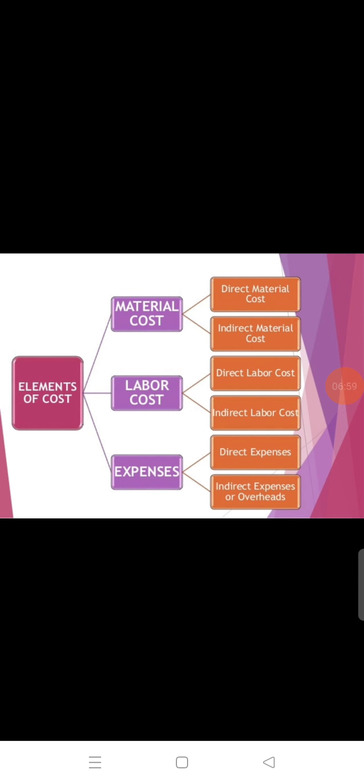Okay. Now I will explain indirect labor. Indirect labor is that labor which is not directly engaged in the production of goods and services. Those who are directly engaged are direct labor. Those who are not directly engaged in the production are called indirect labor.